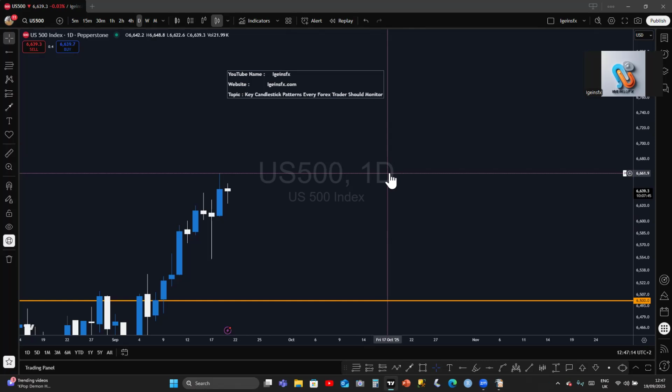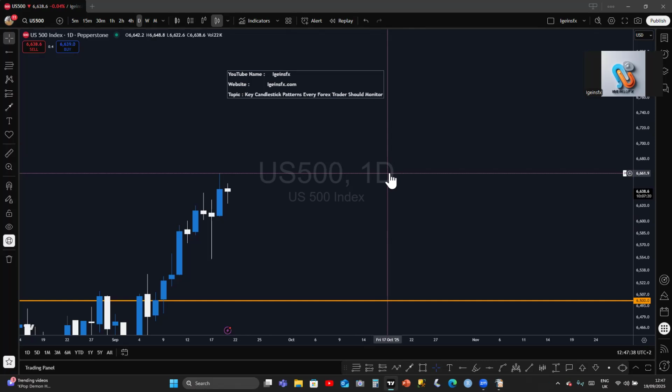Because if a trend is bullish and you get to a resistance level where the trend is about to turn bearish, it will have to give you a formation. And those formations are what? Candlesticks. It will not tell you, hey, the price of the asset wants to start going down now.